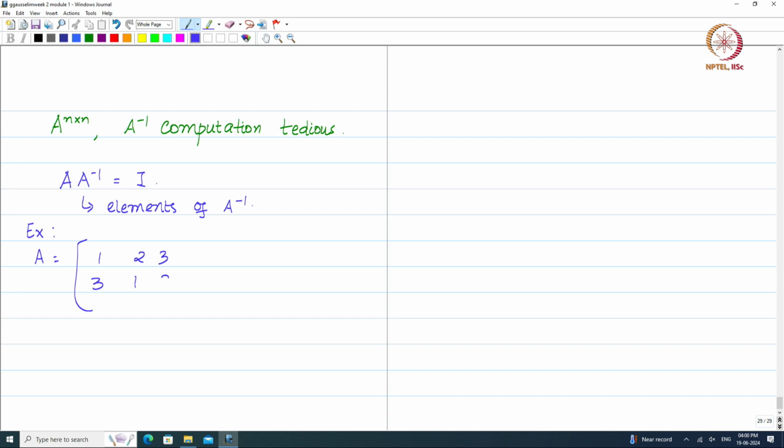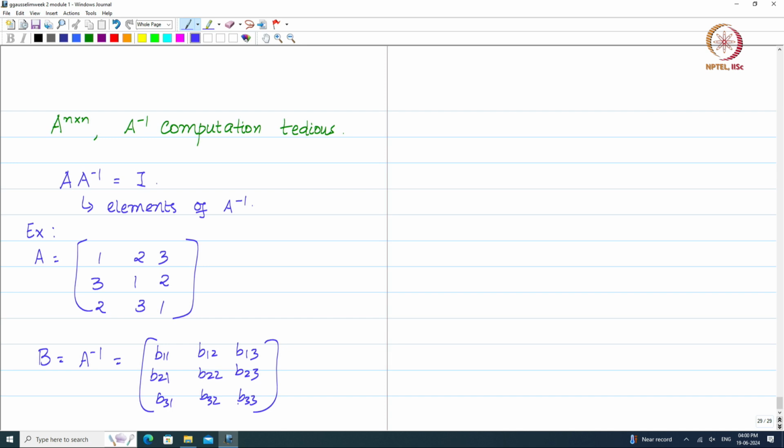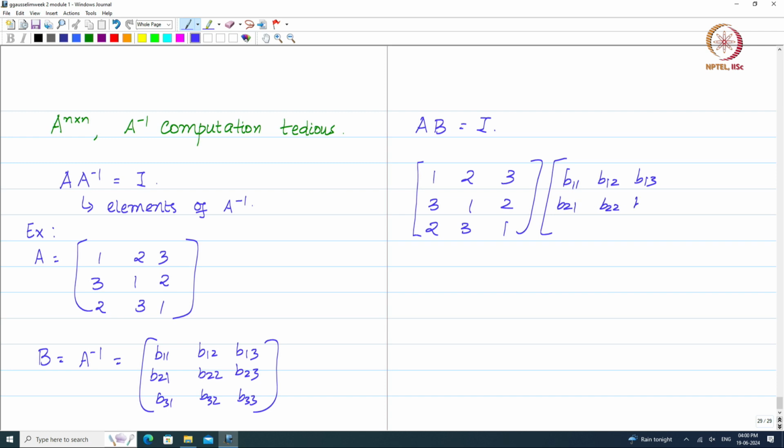Let B be the inverse of A. So, if you write down B as B11, B12, B13, B21, B22, B23, B31, B32, B33, then when we multiply A and B we get I. If you multiply these two matrices, we should get the identity matrix 1 0 0, 0 1 0, 0 0 1.